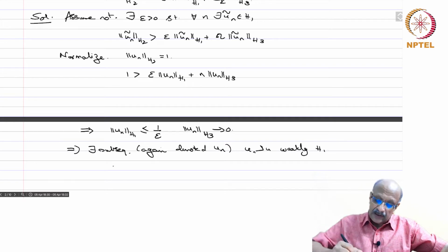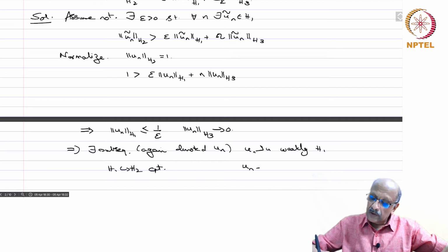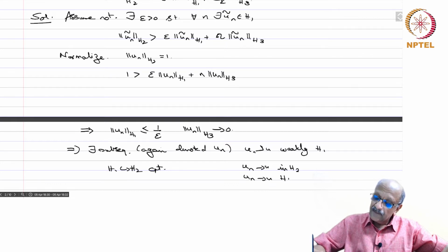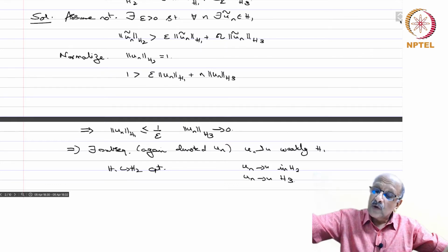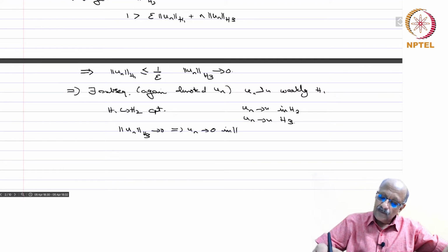Okay, but then H1 to H2 is compact, so weak convergence becomes strong. So u n goes to u in H2, and therefore obviously u n will go to u in H3. But norm u n goes to 0 in H3, and this implies u n goes to 0 in H3, and therefore u equal to 0.